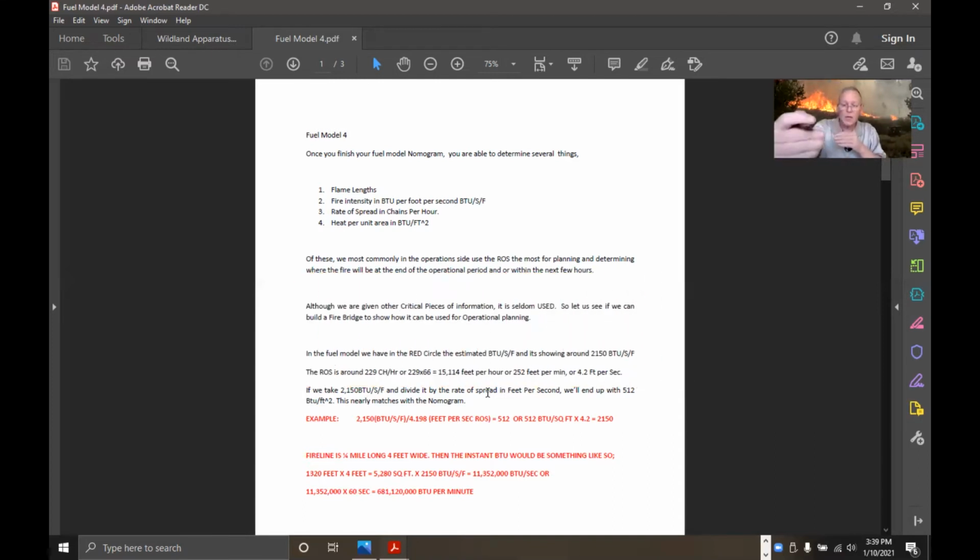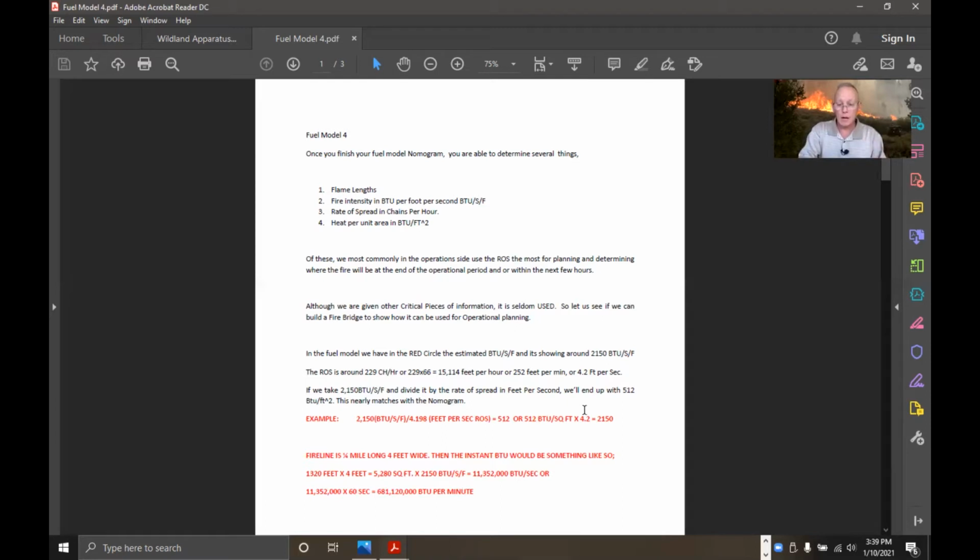That's how fast that thing's moving. So think about that. The BTU per foot per second is 2,150 times 60 seconds. That's an enormous amount of heat, okay, or 4.2 feet per second. So if you take the 2,150 and divide it by the rate of spread in feet per second, you'll end up with 512 BTU per square foot.